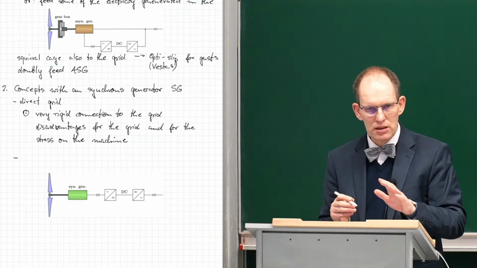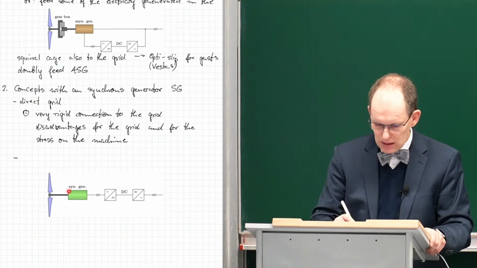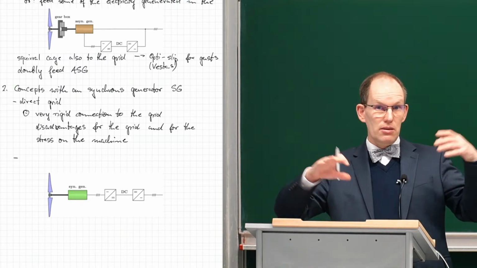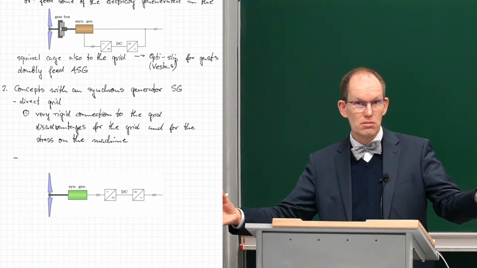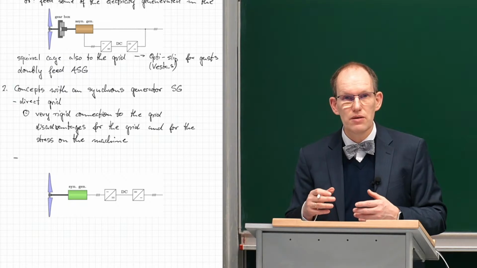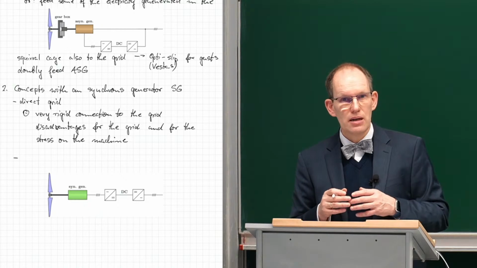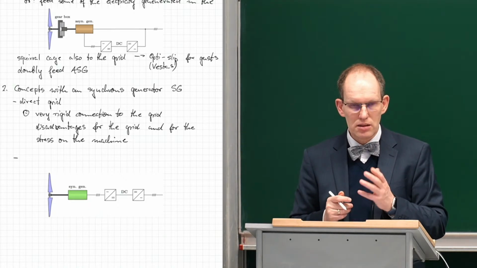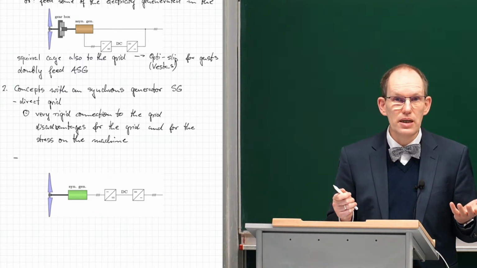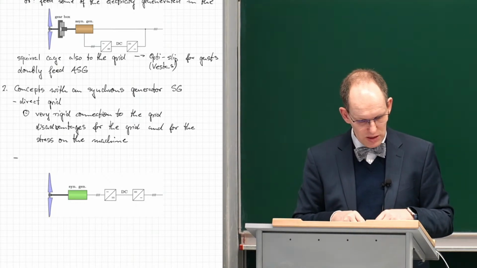So actually here 2 things are done. The gearbox is left out, because what you need to do then is to increase the number of poles. You get a huge machine, of course. If you use, instead of say 12 poles, 80 something, then you can imagine that this generator gets much larger. But if you don't need a gearbox, this makes the design much simpler.